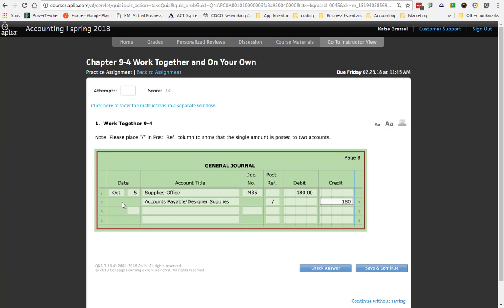Now, October 7th, return merchandise to Hendricks Products. Dylan, what's one account that's going to be affected? Accounts payable, Hendricks Products. Now, it says we return merchandise, and I need you to realize when you hear the account merchandise, you should have bells and whistles going off, going ding, ding, ding.